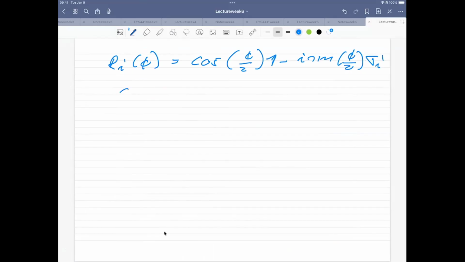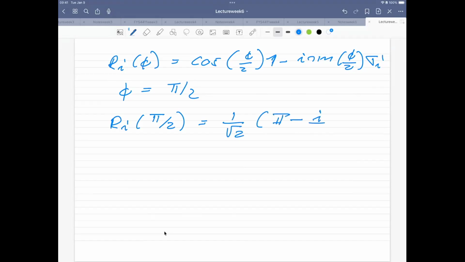If I choose an angle phi which is equal to pi half, then this rotation matrix of pi half is going to be equal to 1 over square root of 2 of the identity matrix minus i times sigma y.